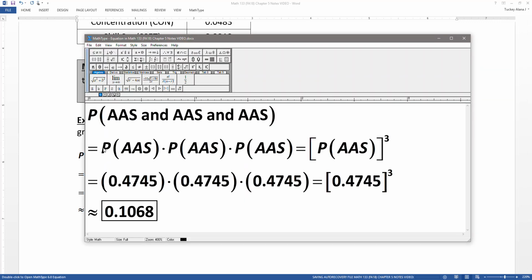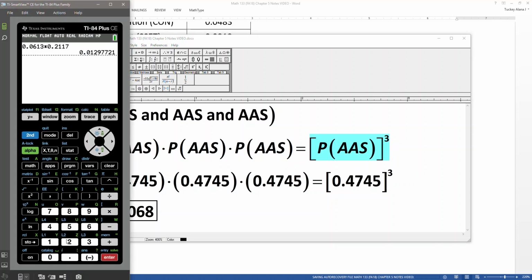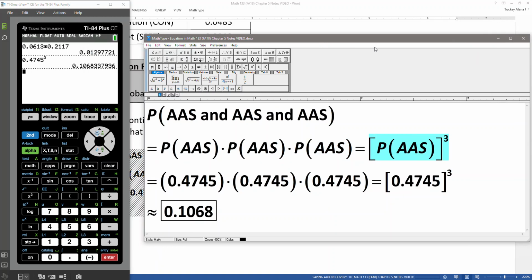You can either write it out like this, first person, second person, third person, or you can just say, hey, it's all the same for these 3, so I'm just going to take that to the third power, which is 0.4745 to the third. And there you have it. So it's 0.1068.